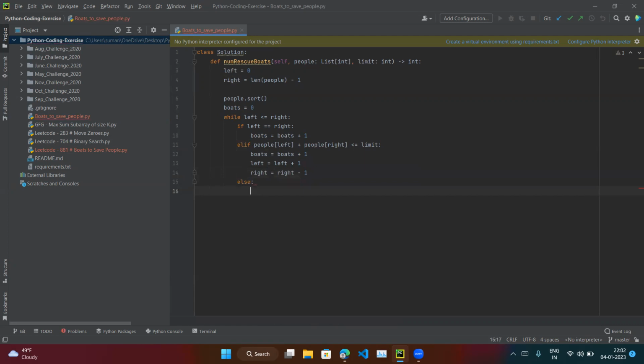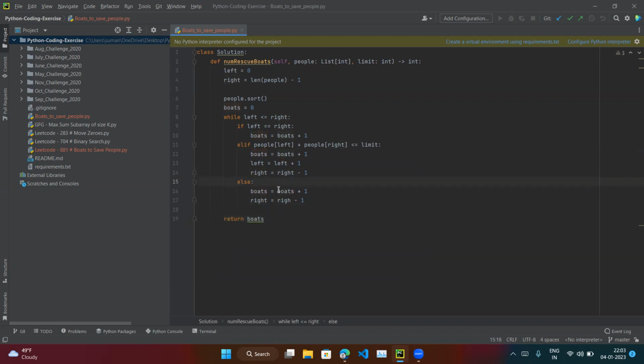Else, what is the else condition? If the left pointer plus right pointer is greater than the limit, then what do we have to do? We will increase the boats, because only the right person will go, and we will decrease the right pointer. And once all is done, we will just return the number of boats.